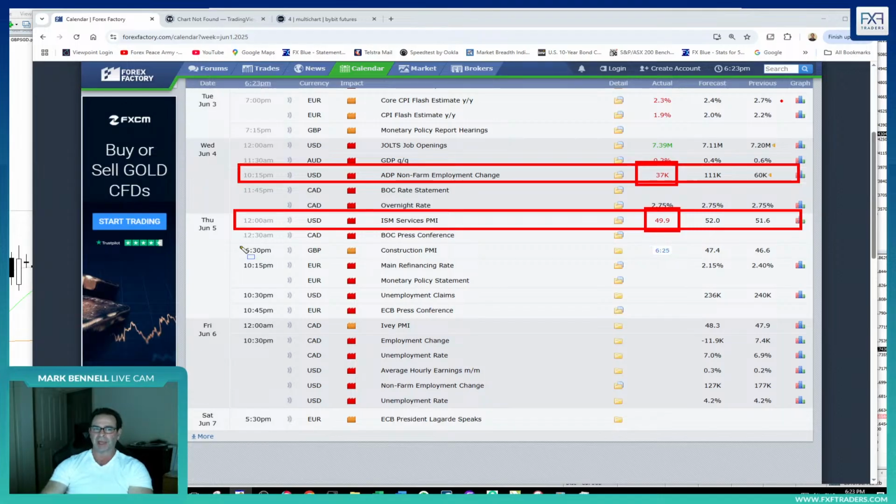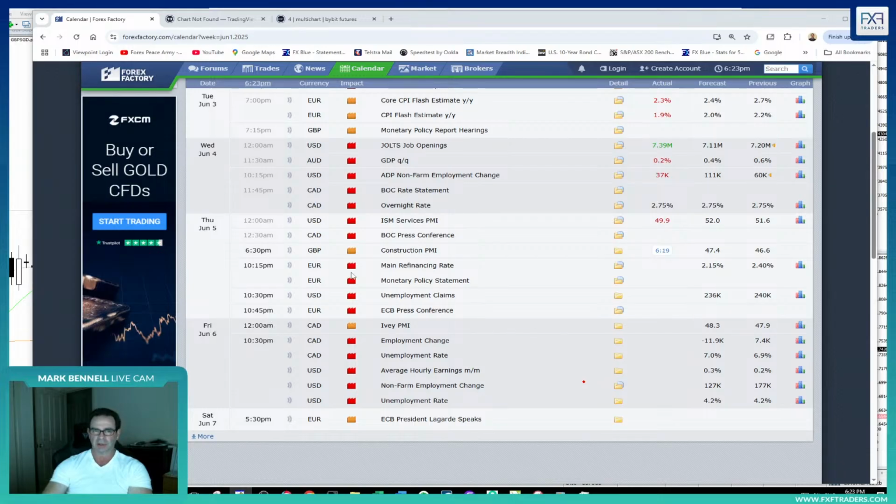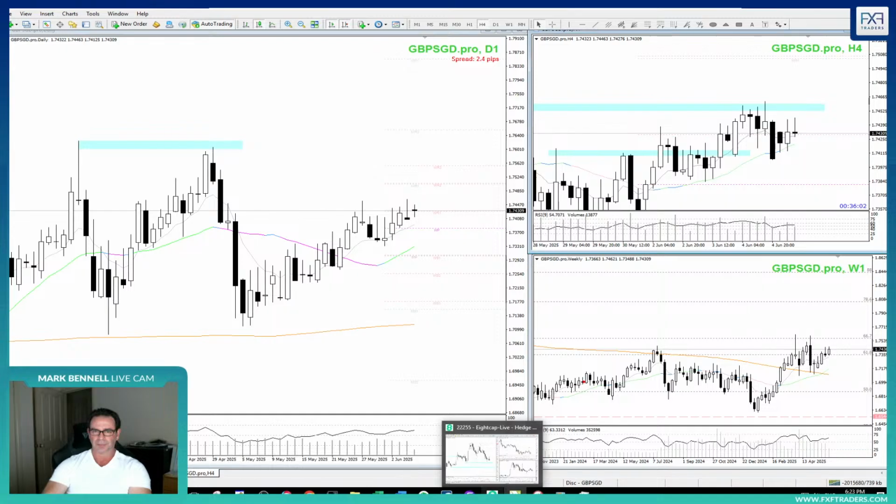Got a pound construction PMI in 6 minutes too, so see how that affects those pairs. And then later, we got the interest rate for euro. Then in 4 hours, unemployment. And then Friday, the big ones, NFP. So that's what I'm seeing there, folks.